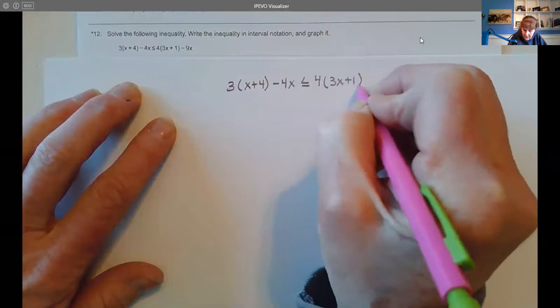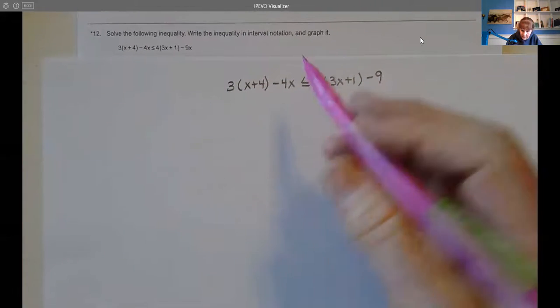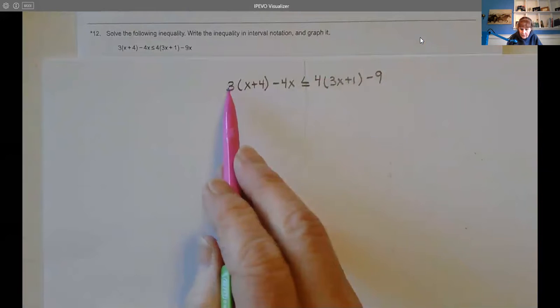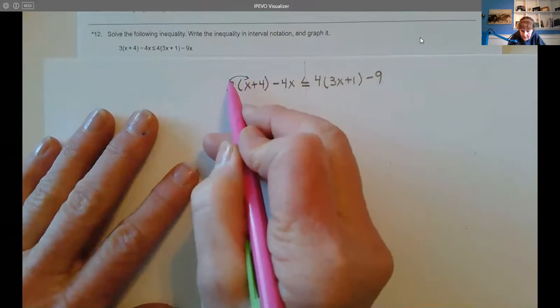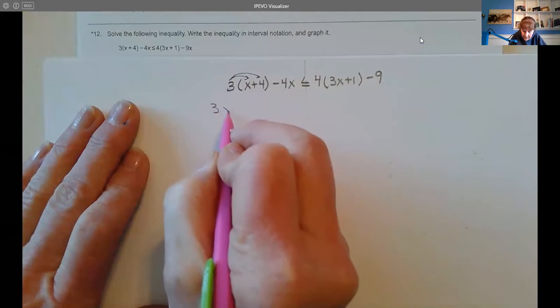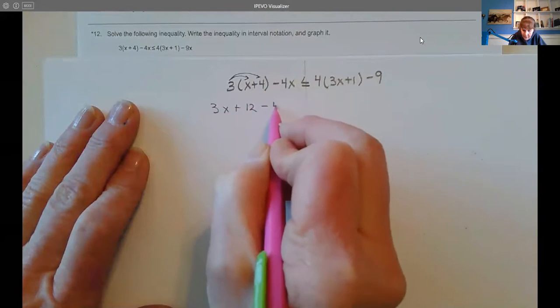Oh, we got some things to do here before we start moving things from side to side, but it's not too bad. Let's look at the left-hand side of our inequality and simplify, using the distributive property. 3 times everything in here gives us 3x plus 12, minus the 4x.